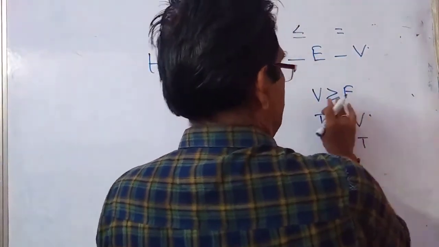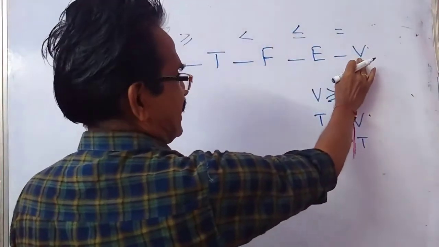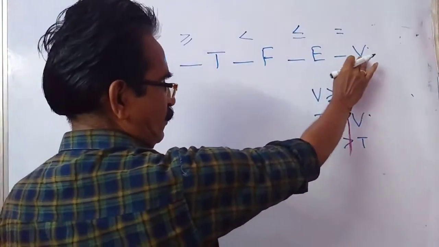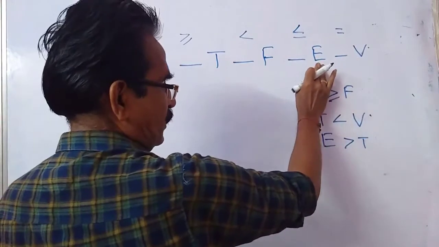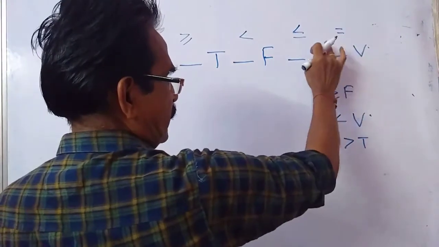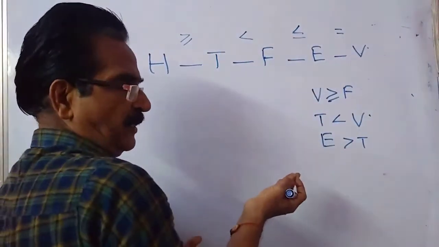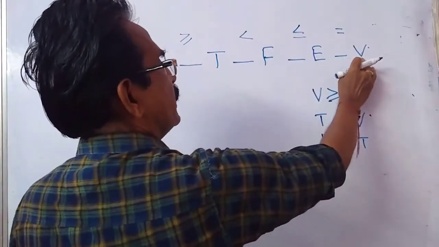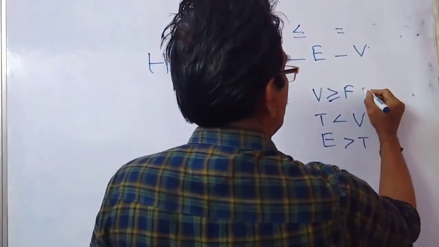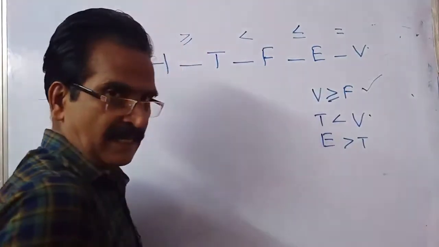V greater than or equal to F. Yes. V is equal to E, E greater than or equal to F. So V is also greater than or equal to F. So the first conclusion holds good.